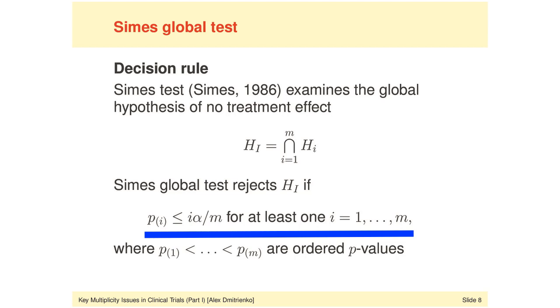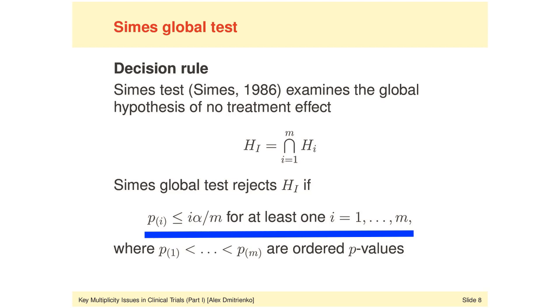These are the ordered p-values. And therefore, the Simes global test rejects the global null hypothesis H sub I if at least one of the following conditions is satisfied. The smallest p-value is less than or equal to alpha over m.